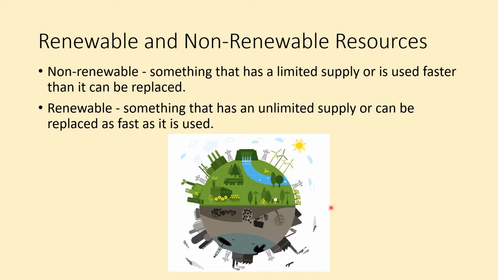These are all non-renewable resources because there's a limited supply, or they're being used up faster than they can be replaced. And on the top we've got lots of renewable energy resources. So we've got a wind farm, we've got solar panels, we've got a hydroelectric dam, although that does cause other environmental problems. So yeah, those are all renewable resources.